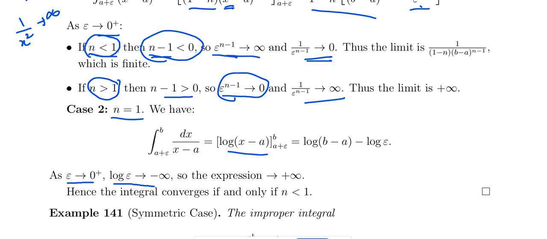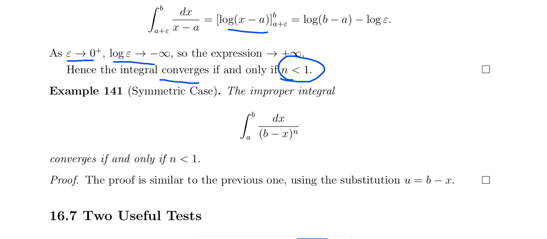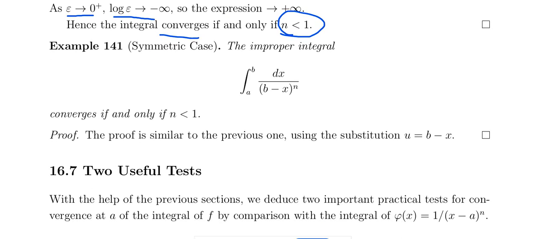So the limit doesn't converge, that is, it diverges. So the integral converges only in the case of n less than 1, otherwise it doesn't converge. That is a very important problem.